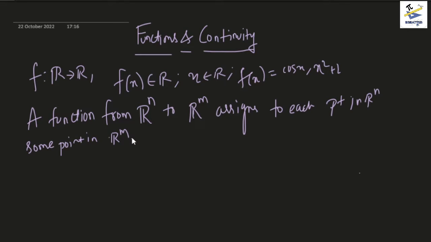So this is how we define functions, and obviously this means that we have a function which goes from R^n to R^m.